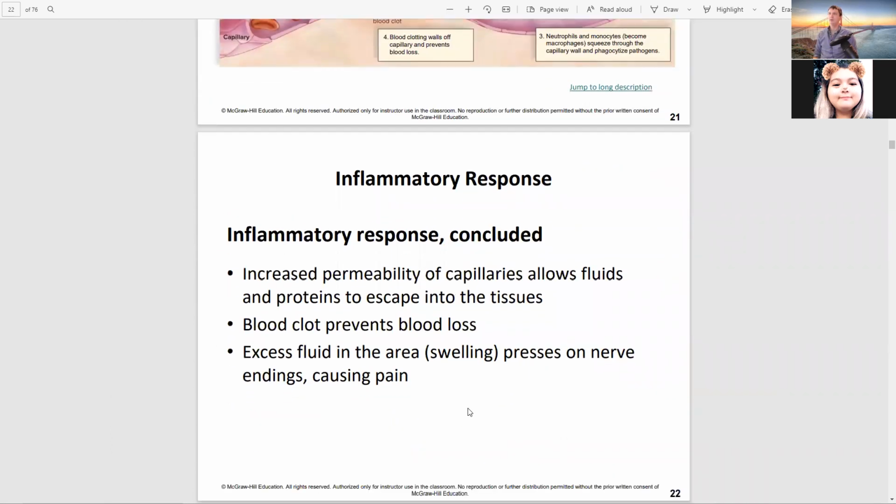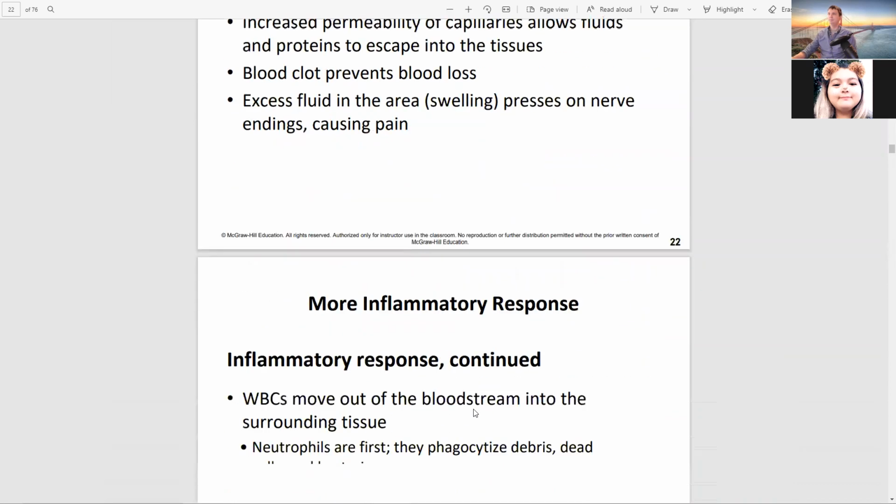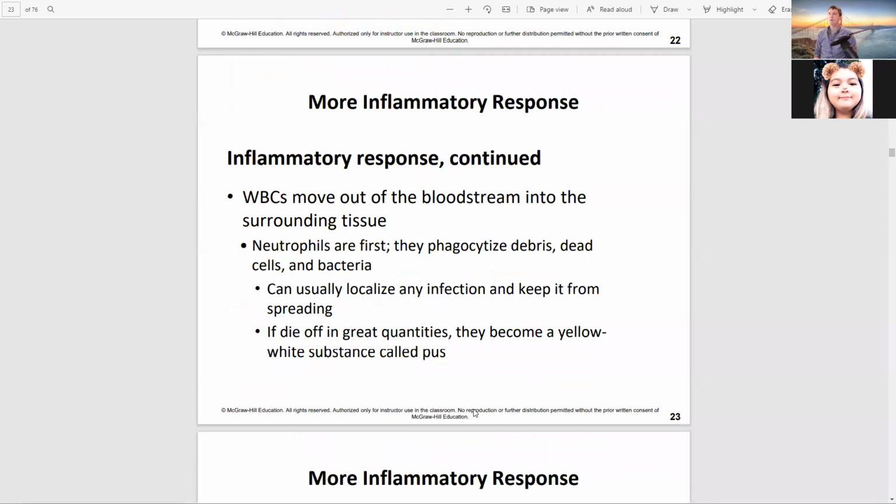So increased permeability of capillaries allows fluids and proteins to escape into the tissues. The blood clot prevents blood loss, and excess fluid in the area, or swelling, presses on nerve endings, causing pain. So white blood cells move out of the bloodstream into the surrounding tissue. Neutrophils are first.